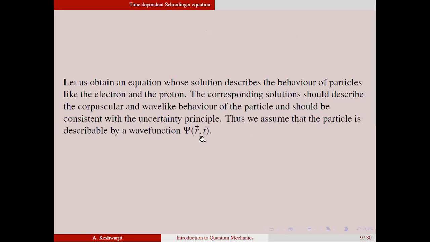So this is the quantum mechanics which was put forward by Schrodinger, the wave mechanics. Similarly, there is Heisenberg's matrix mechanics. This wave mechanics and this matrix mechanics were proved to be equivalent by Dirac.